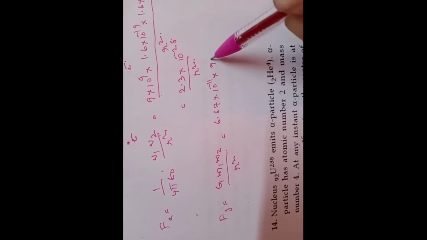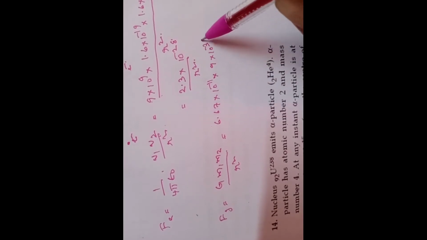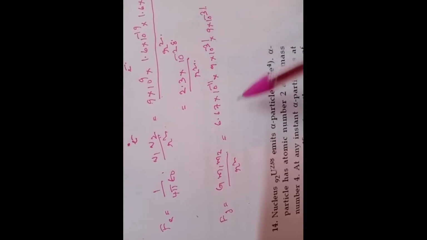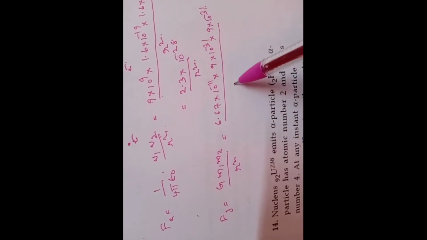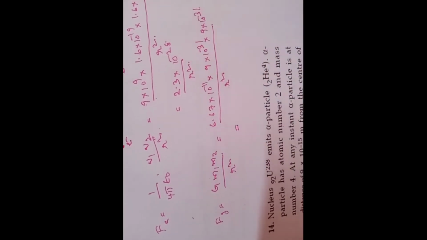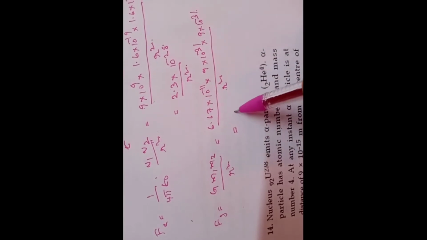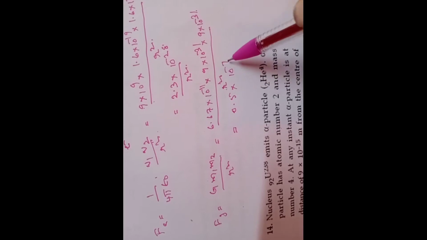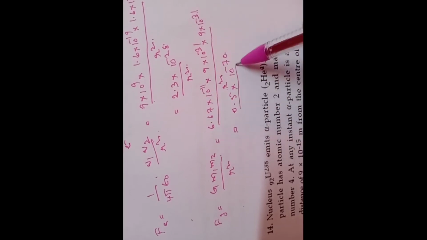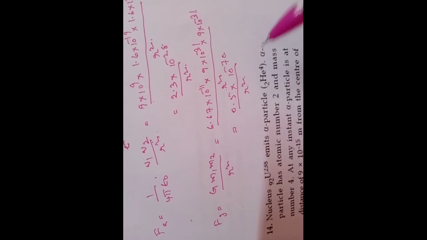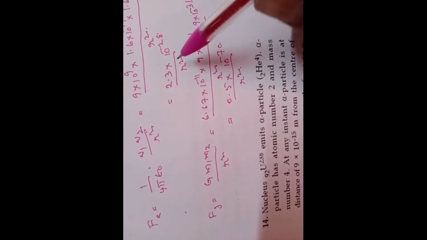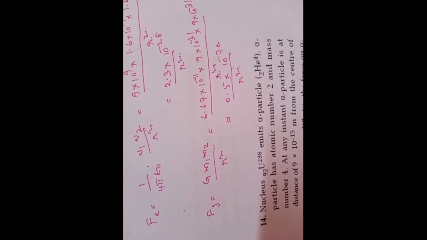Mass of the electron is 9 into 10 power minus 31, and 9 into 10 power minus 31 by R square. So if we calculate this value, we will get 0.5 into 10 power minus 70 by R square. The point is clear. So electric force will be this one, gravitational force will be this one.